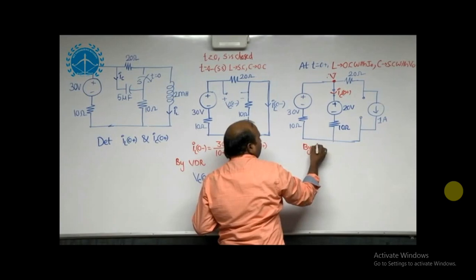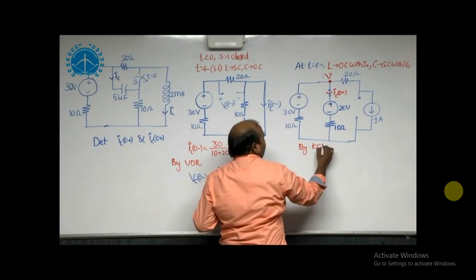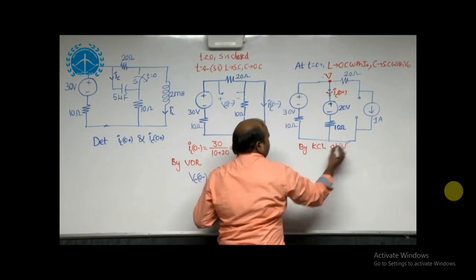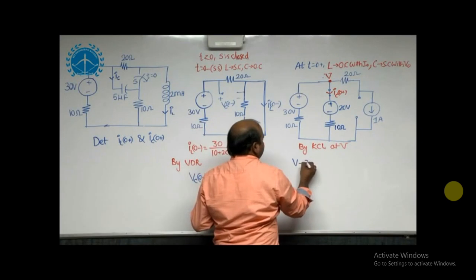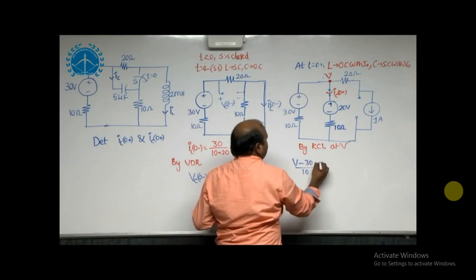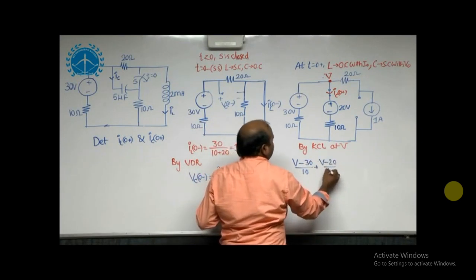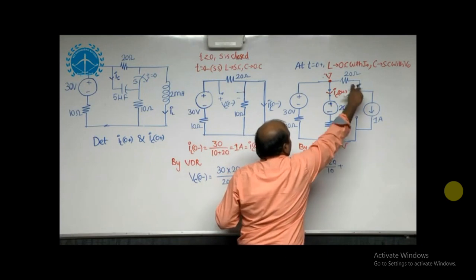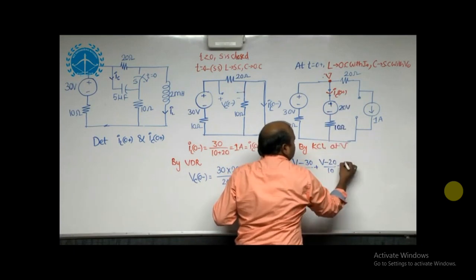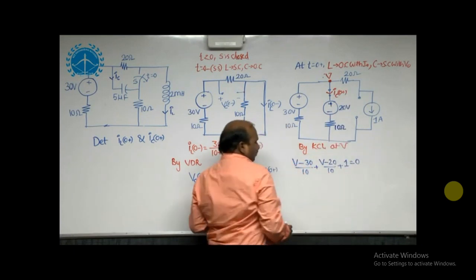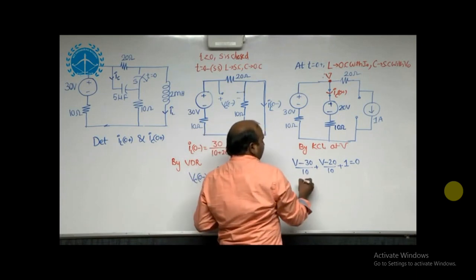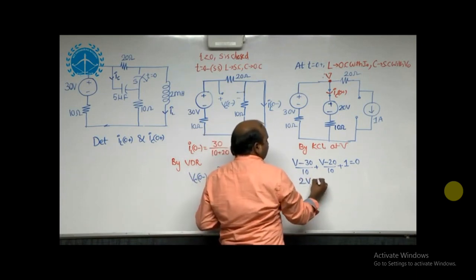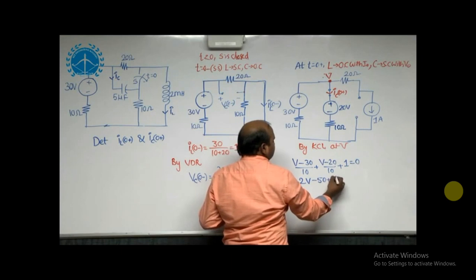Now by KCL at V, considering V minus 30 by 10 plus V minus 20 by 10 plus, that is outgoing current, same current, plus 1. Since these are all outgoing currents, I can take it here. What value are we getting? 2V minus 50 plus 10 is equal to 0.